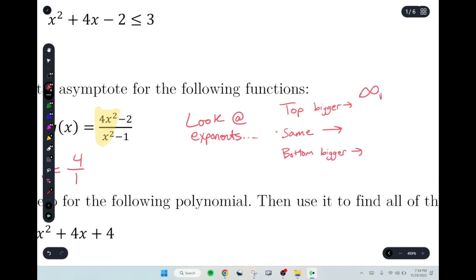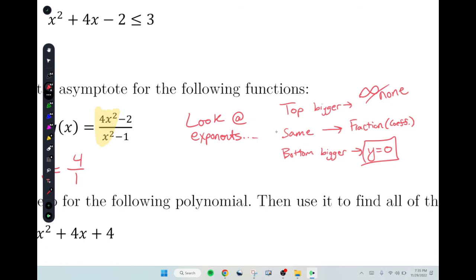If the top is bigger, it's infinity or none. Going on to infinity, that's not an asymptote. If it's the same, it's a fraction with the coefficients. And if the bottom is bigger, it's y equals 0. Not too wild.